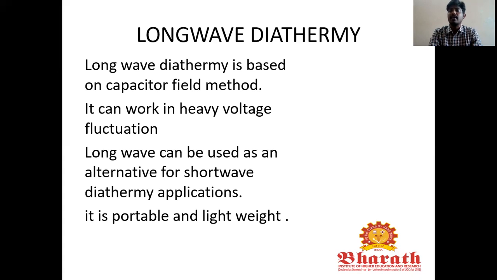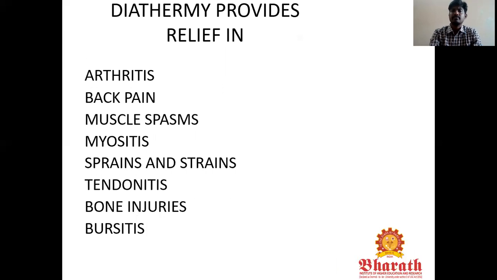Plates or metal are placed on a particular leg or pain area, and based on the capacitor field method, it can work with heavy voltage applied in fluctuation level. So it can reduce the pain quickly. So long wave can be used as an alternative for short wave diathermy. At the same time, it is a portable and lightweight diathermy machine.